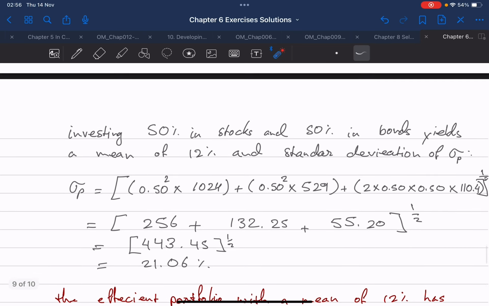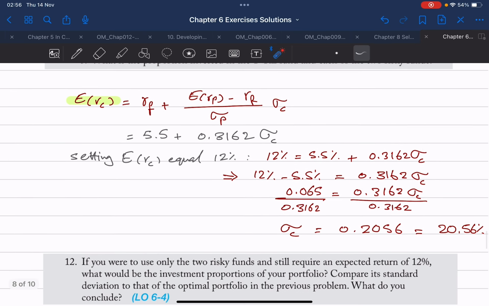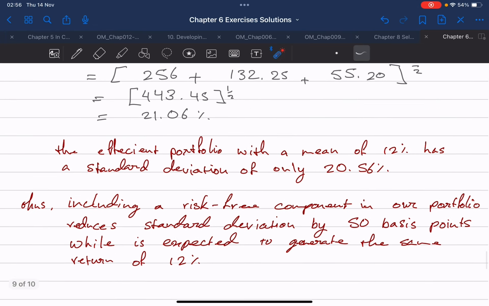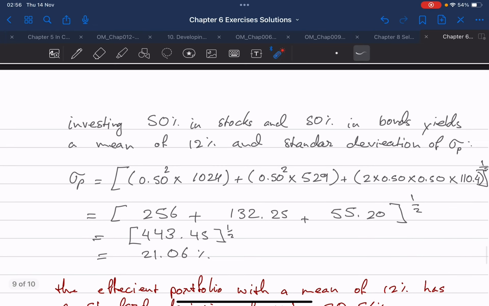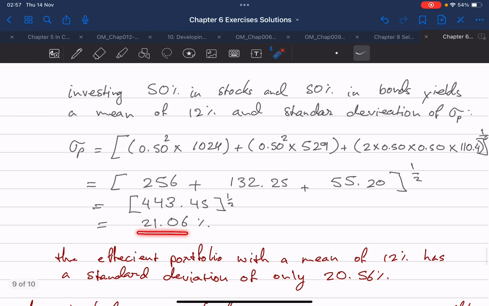Notice how when we had a risk-free component in our portfolio, the complete portfolio standard deviation was 20.56, okay? Whereas once we took out the risk-free component and we created a portfolio of only stocks and bonds, 50% of stocks and 50% of bonds, the standard deviation was a little bit higher. It was 21.06%, okay?